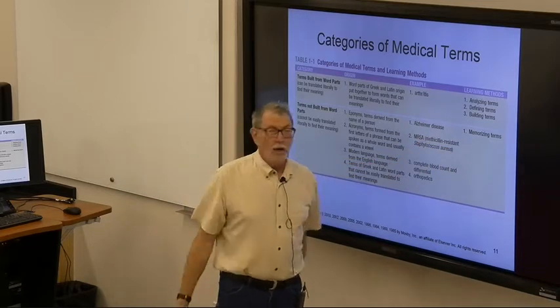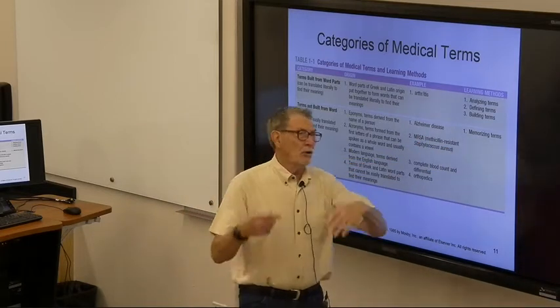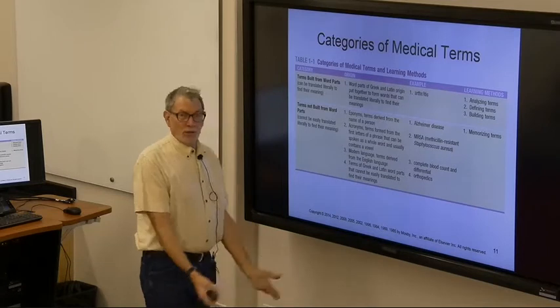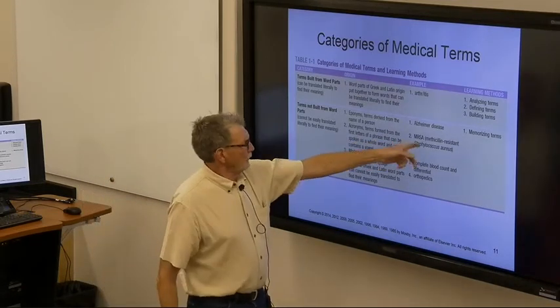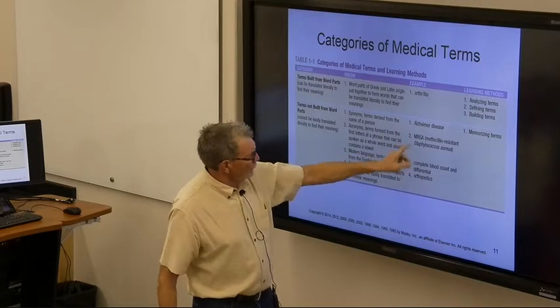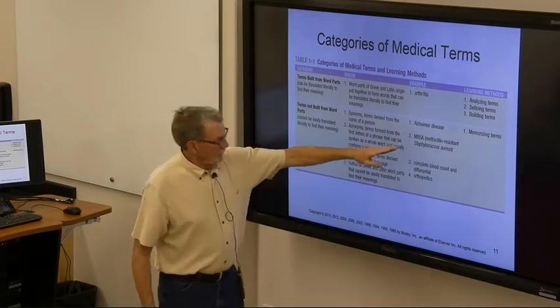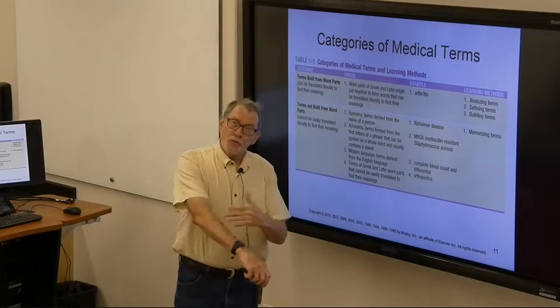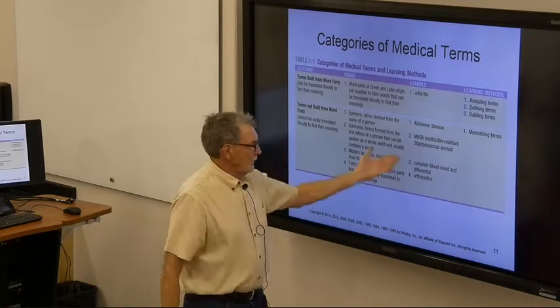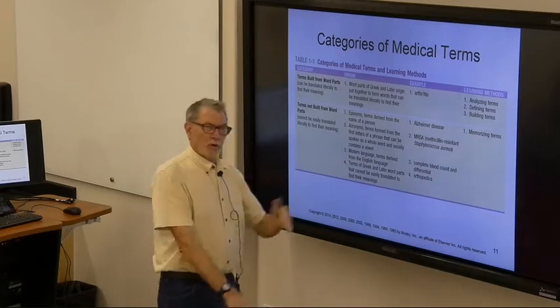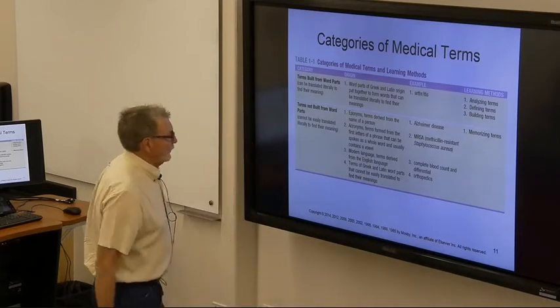You have to learn what Huntington disease is. You have to learn what Parkinson's disease is. MRSA, an acronym, methicillin-resistant Staphylococcus aureus. Great, that's MRSA, and you just have to know that it's a skin disease, that this bacterium is really hard to treat and all that kind of stuff.